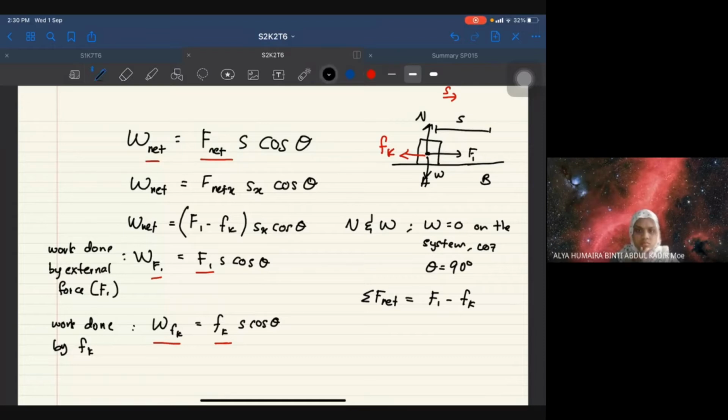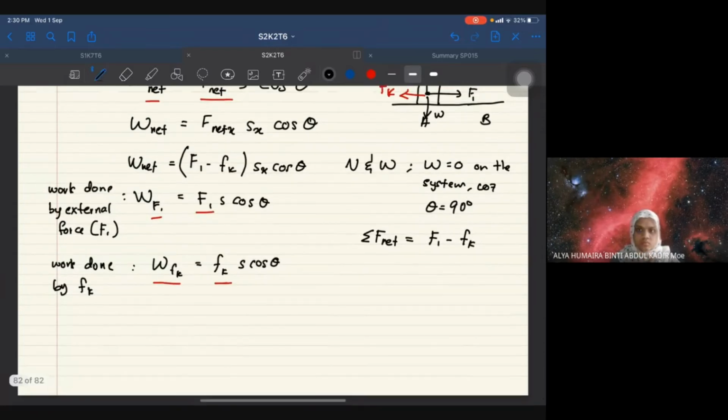Okay, katakanlah, let's say the question asks you to find the work done by gravity. Force apa yang due to gravity? Weight.